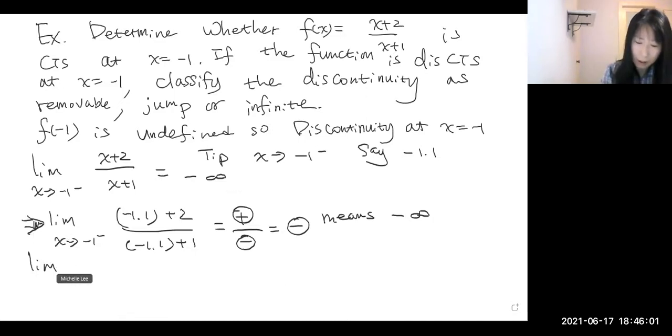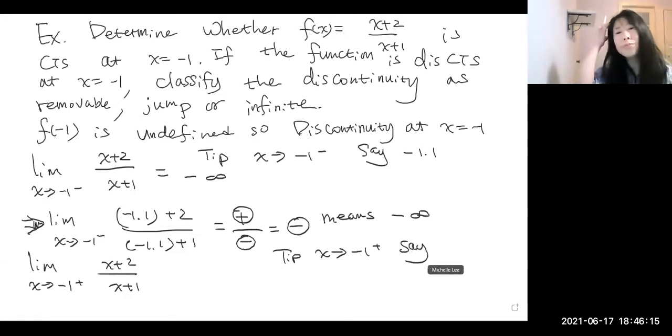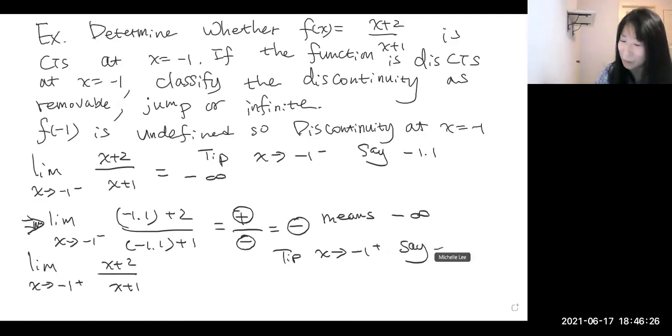How about x approaching -1 from the right? Now you can use negative 0.9. Thank you.